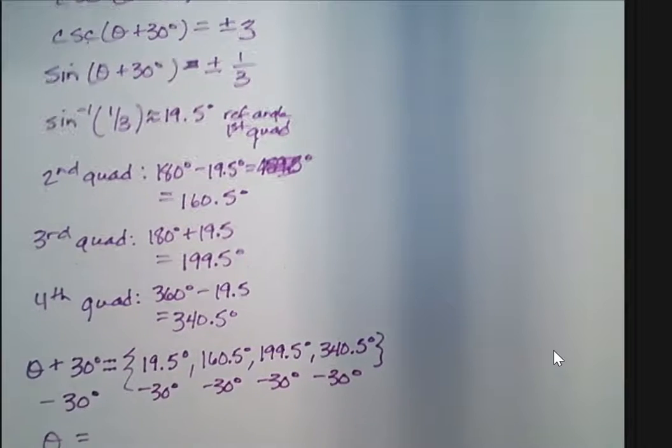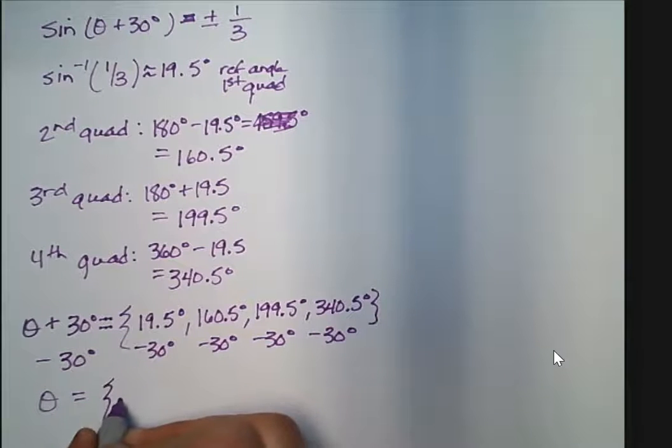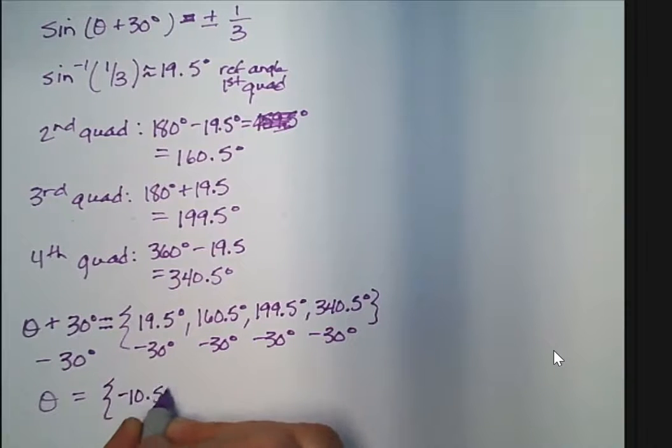That gives me just theta. When I take 19.5 and subtract 30, that gives me negative 10.5 degrees. Since we want these all to be between 0 and 360, we're going to have to change this to a positive fourth quadrant angle. So we're going to have to find the coterminal angle with this one. But let's go on and do the rest of these.